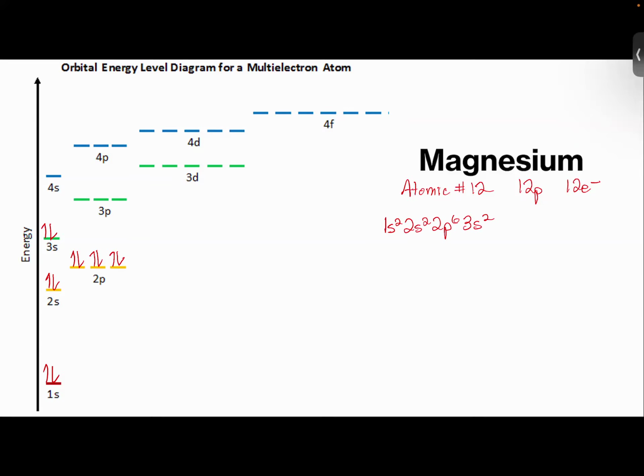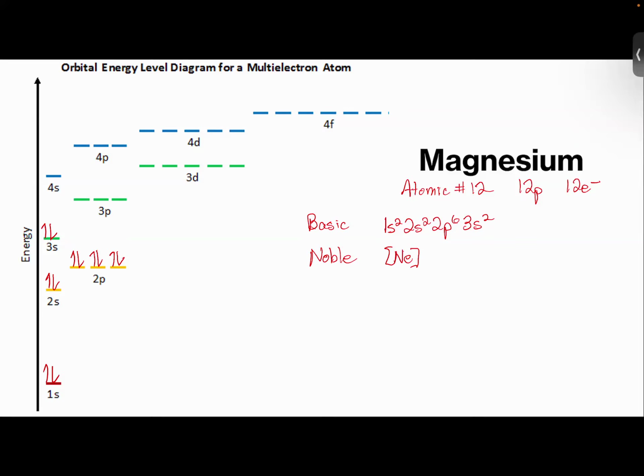The noble gas configuration would be what? Neon. We use neon this time because that is the noble gas that came before magnesium.